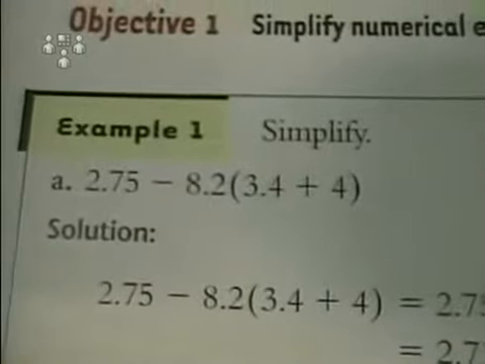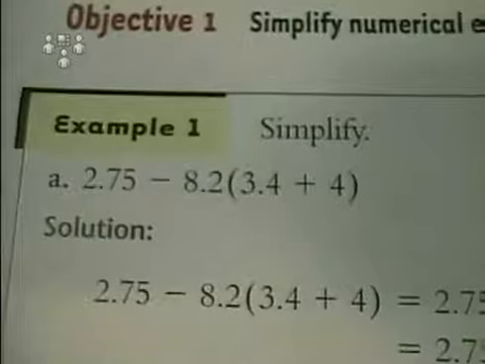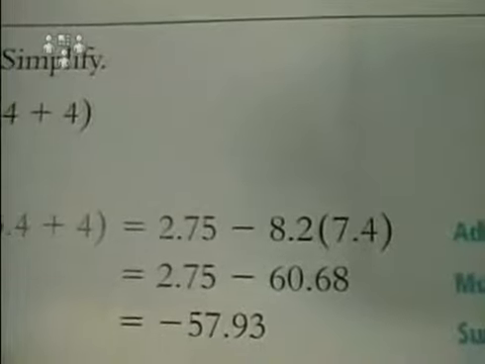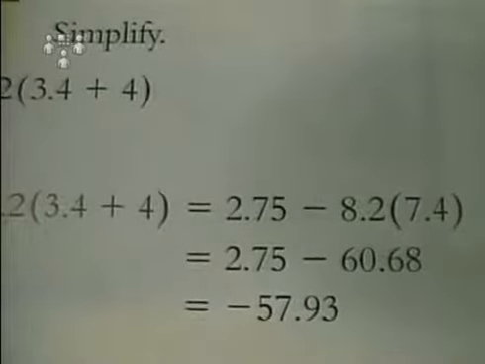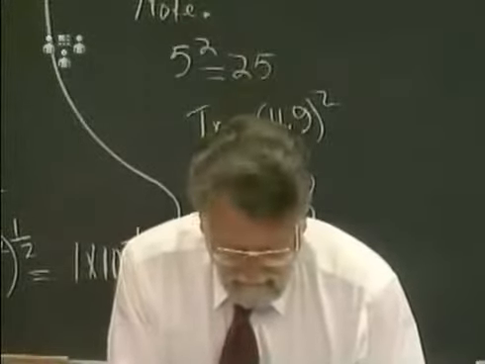You do the parentheses first, then you multiply, then you subtract. So the solution that is given, just to show you the process, notice that the parentheses was added. You had 7.4. Then you did a product getting 60.68. You did the final subtraction. So there's not too much there that's a mystery.